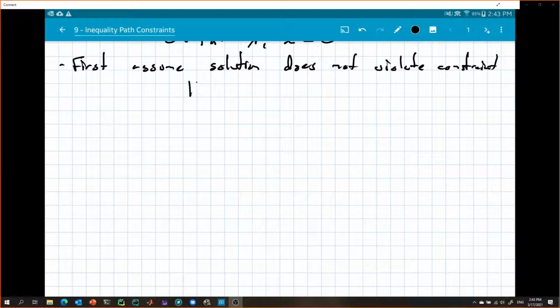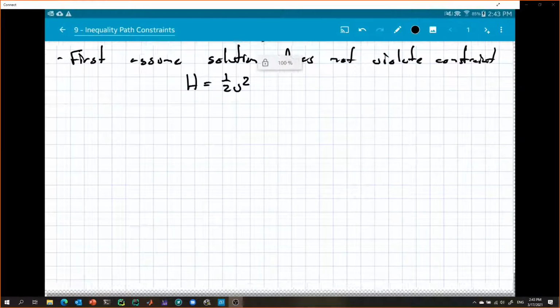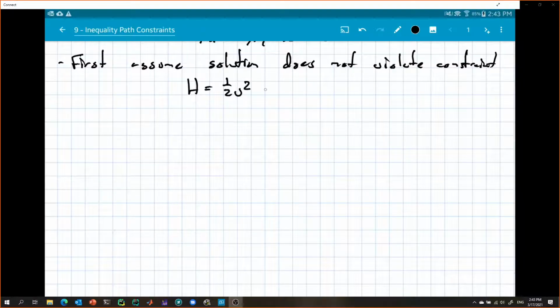So we have a Hamiltonian. And this is just like a normal unconstrained problem.